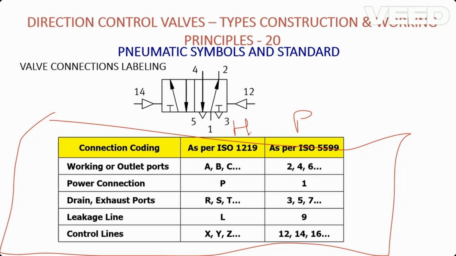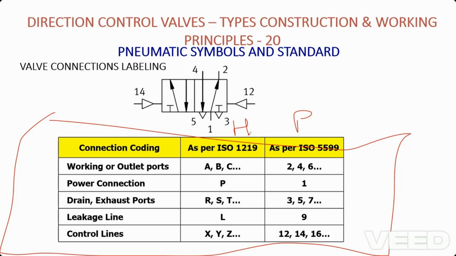All the odd numbers 3, 5, 7 and 9 are given for exhaust ports or drain ports where we release the air. And above 10, even numbers are given for pilots. Pilot means we use air pressure for signaling purposes only. Till now we had seen mechanical or manual actuation. The same way, we will be using air pressure for applying the force.